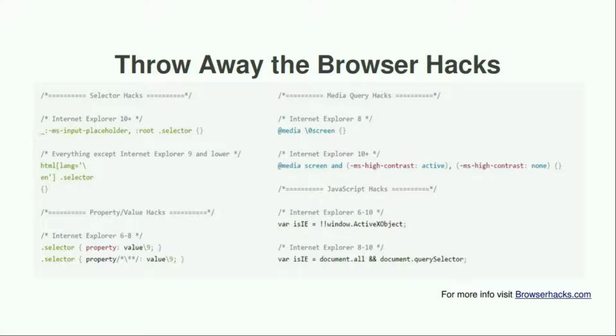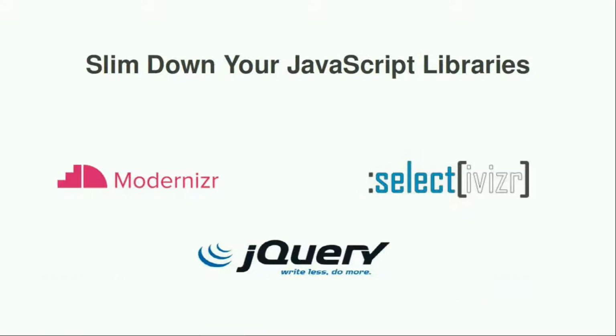Usually, because the topic is getting rid of Internet Explorer, there will be many hacks, like we see there, property value hacks, like the star selector, which is a bit older, for Internet Explorer 6. There was a time when the only option to have your website work on these old browsers was to use this sort of hacks. If your website is still live, you can clean up a lot of code and make it slimmer.